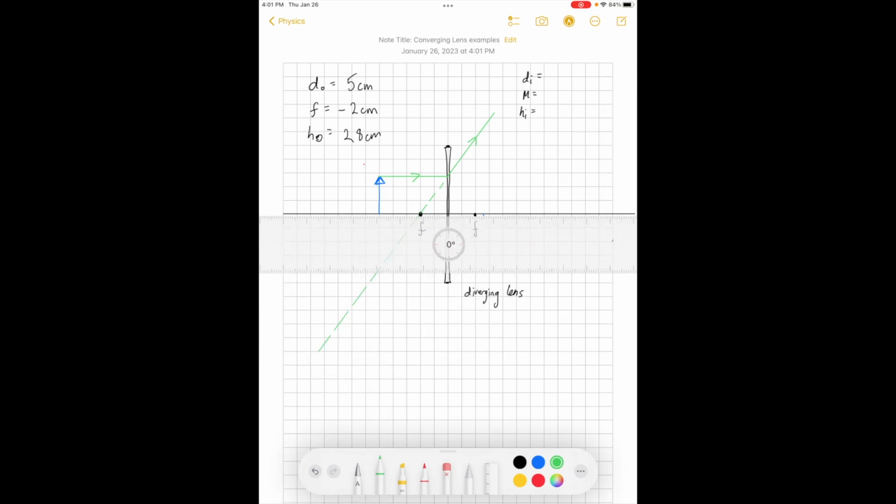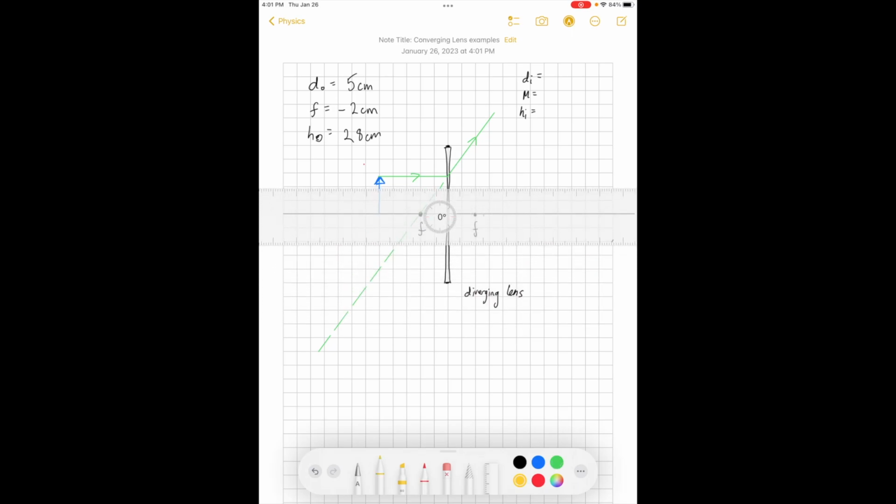Now, a diverging lens, just like a converging lens, has to make sense going forward or backward. So if you think about it, from the other side, if a ray came in, aimed at the focus on the left side, then it would hit the lens and then move on parallel to the optical axis. So let's see what that means.